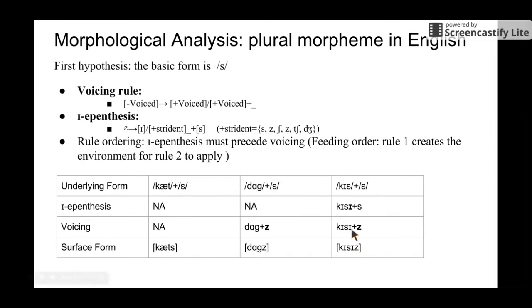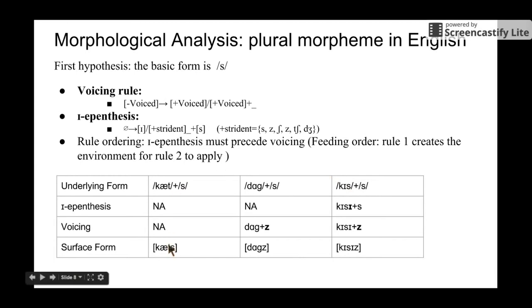Now we can go back to talk about the feeding order. What do we mean by feeding order? When rule 1 creates the environment for rule 2 to apply, we have a feeding order. So if we just have kisses, we are not going to have the voicing process because the first sound is voiceless.